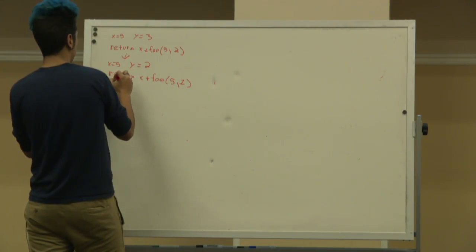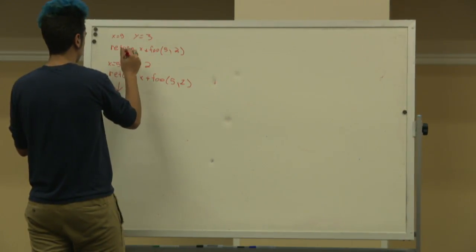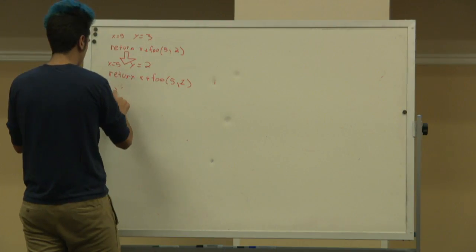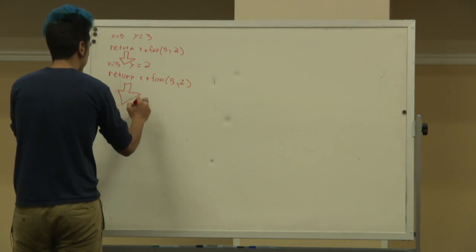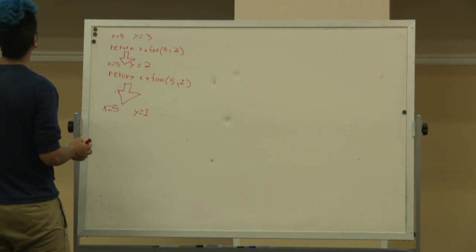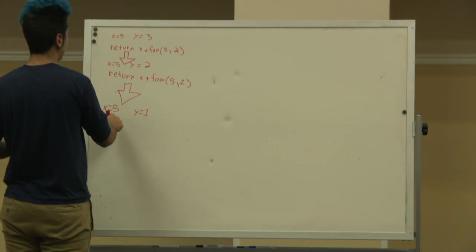And then we're down here. I'm going to make this a little more clear. And so now we're at the same thing, x equals 5, y equals 1. And so in this instance, we do hit our base case. So we return x.